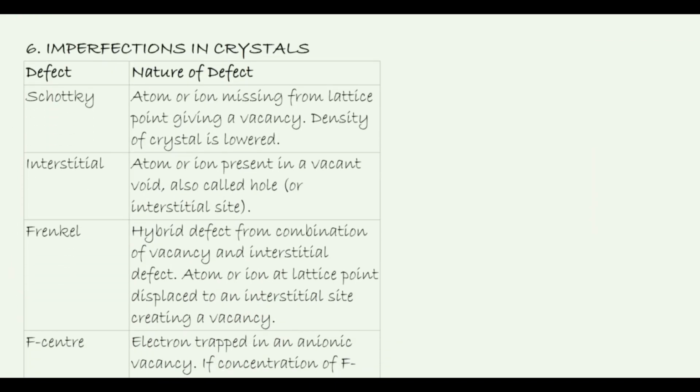Then imperfection in crystals. We talked about crystals and how they are formed and what voids are there. The next one is imperfection in crystals. The most asked imperfections are Frenkel and Schottky defect. Schottky defect is the atom or the ion missing from the lattice point. It's giving a vacancy. Let's say I'm having Na plus and Cl minus structures.